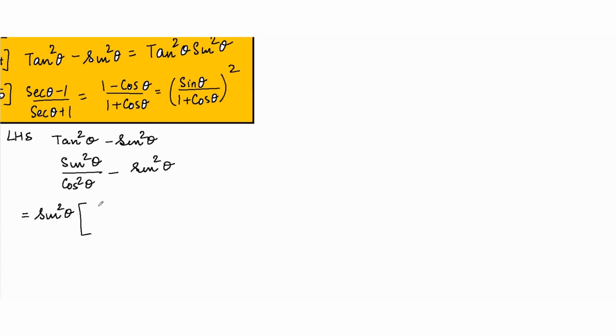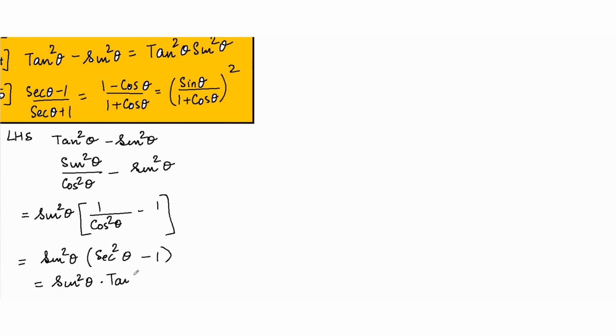So I get sine square theta into 1 by cos square theta minus 1. I know that 1 by cos square is going to be sec square theta. So it is sec square theta minus 1, which is therefore equal to sine square theta into tan square theta.